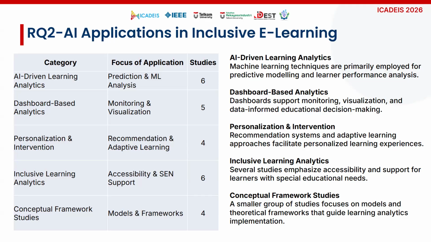For the third category, personalization and intervention, we focus on recommendation and adaptive learning. Adaptive learning approaches facilitate personalized learning experiences, for example for students with special needs, who cannot use a similar system to normal students. So we use AI applications to personalize learning.